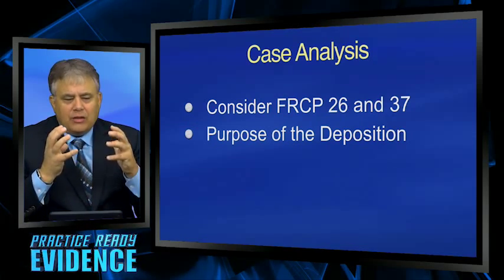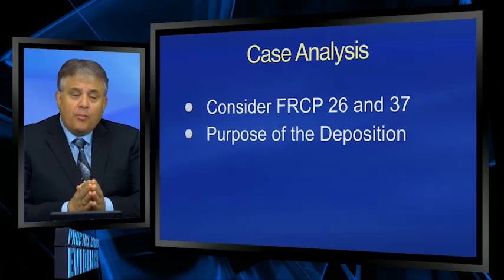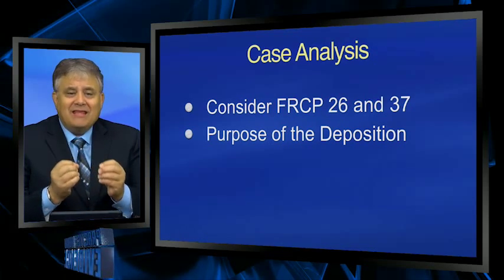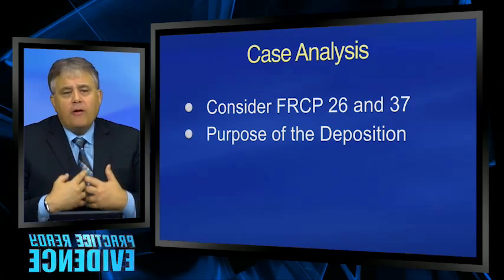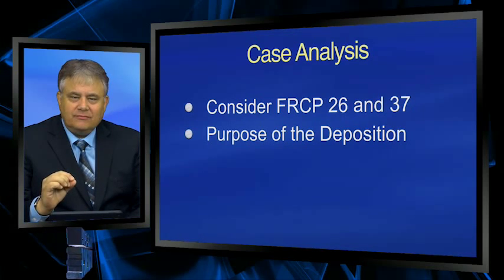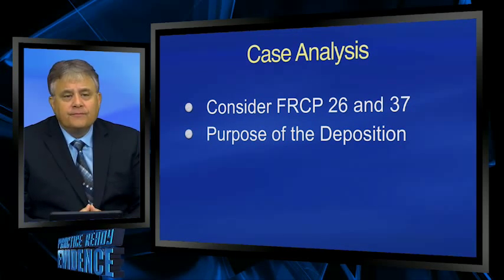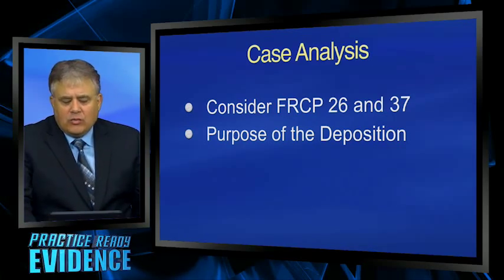They capture in stone the report of the expert and make them live with that at trial, not allowing them to depart from that interpretation unless we've opened the door through inquiry during a deposition. So that's something we really need to think about as we make those decisions.